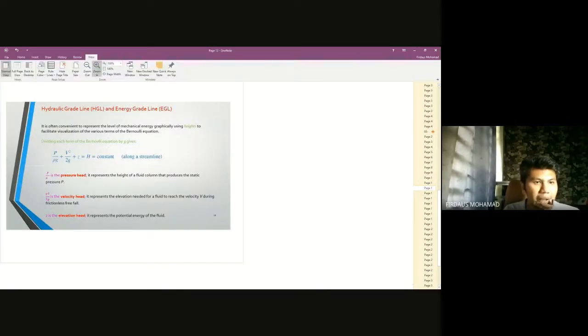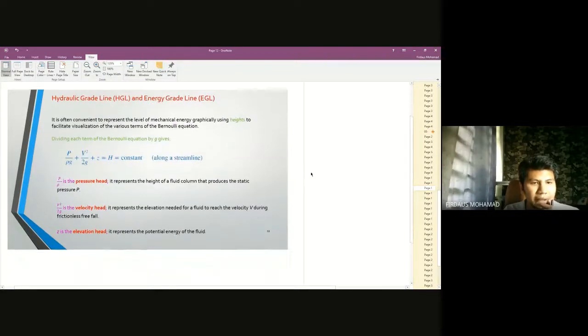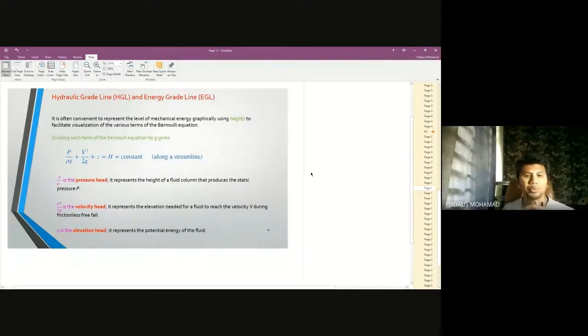Okay, so I explained this earlier. We can define the Bernoulli equation in terms of head: pressure head, velocity head, and elevation or potential head.